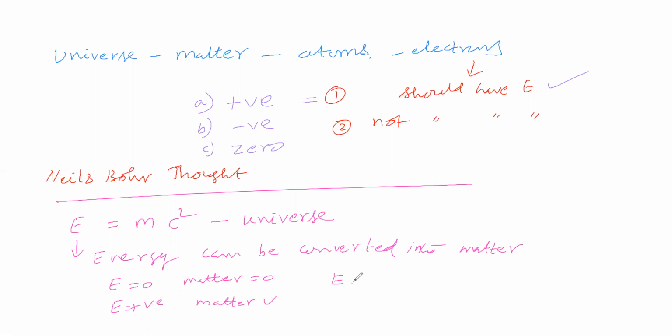Now you say, if energy is negative, what will you say about this sentence? No matter also we cannot say. You are saying that if energy is negative, we cannot say no matter.